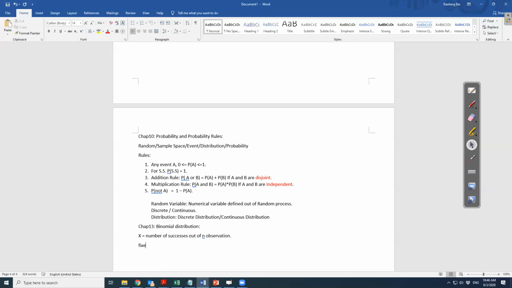So first setting is, do we have a fixed number of n observations, right? And then, are the n observations independent? And then does each observation, only looking at one observation, give us two possible outcomes?